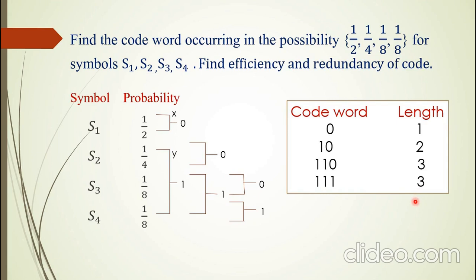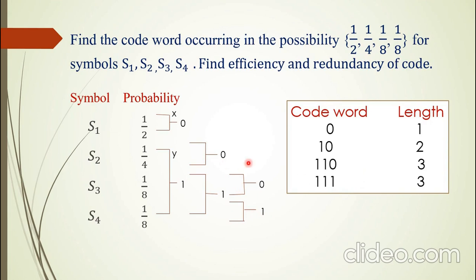So first we need to write down the probability in descending order and then divide into subsets with equal probability. For one subset, assign bit 0, and for the second subset, assign bit 1, and repeat that procedure till the end, and then assign the code word as I mentioned here.